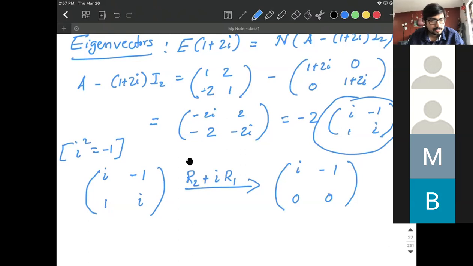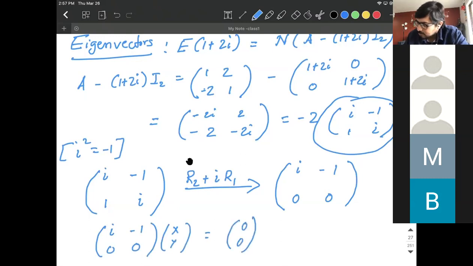So far, so good, I think. So then just plug in the variables. So we have (i, -1; 0, 0) times (x, y) equals (0, 0). So this means i times x minus y equals 0. That's the only equation that we have.